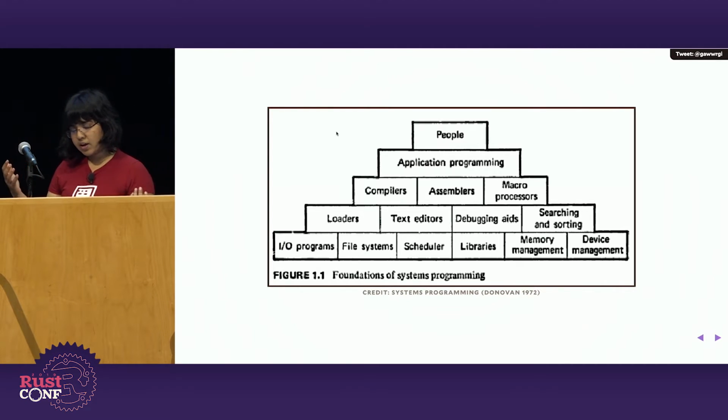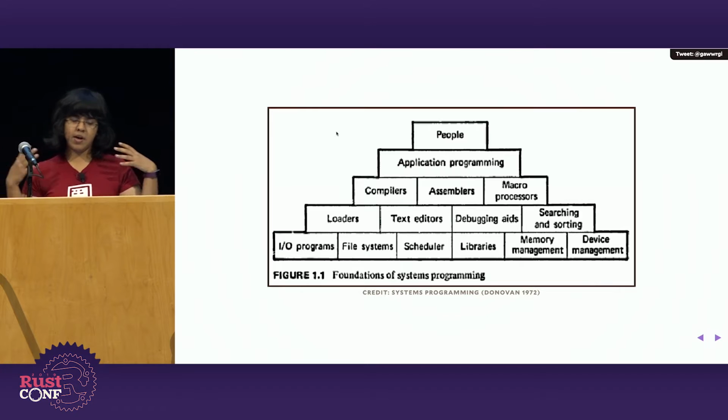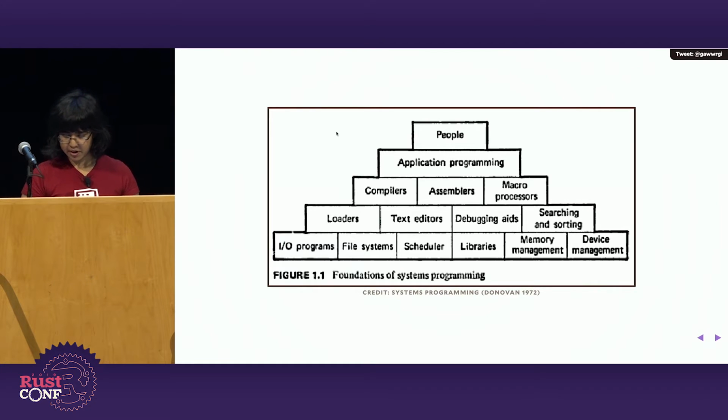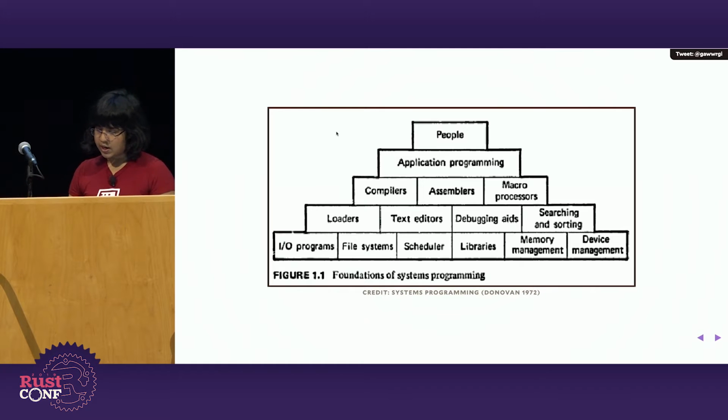Present-day programs cannot understand these without the aid of systems programs like microprocessors and compilers and assemblers, et cetera. So to make computers better adapted to the needs of the user, we need systems programs, is what the paper said in 1972.